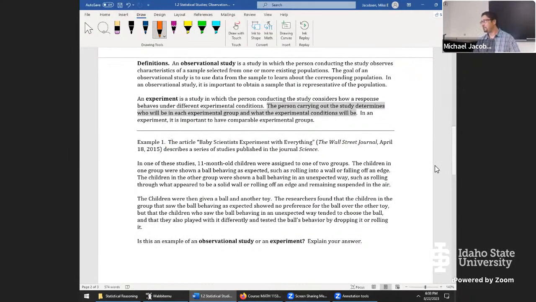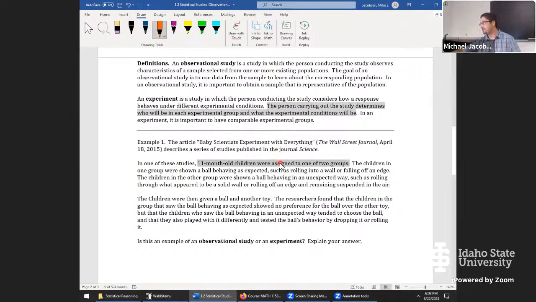It says the article, Baby Scientists Experiment with Everything, published in the Wall Street Journal in 2015, describes a series of studies published in the journal Science, which is a reputable journal. Here's how it went. It said, in one of these studies, 11-month-old children were assigned to one of two groups. Already, we might feel like this could be one type of study or another.